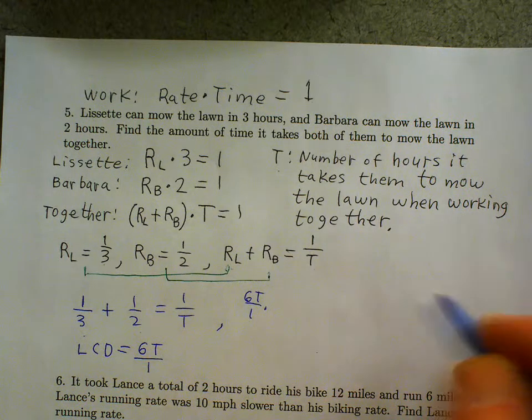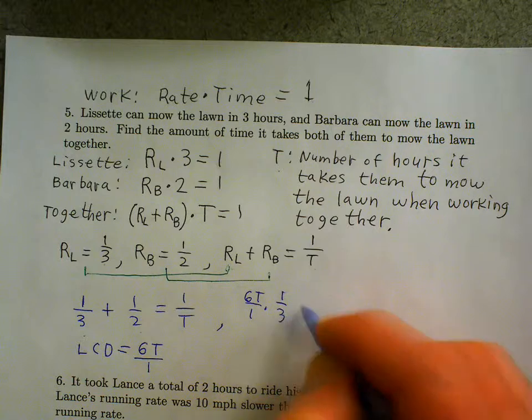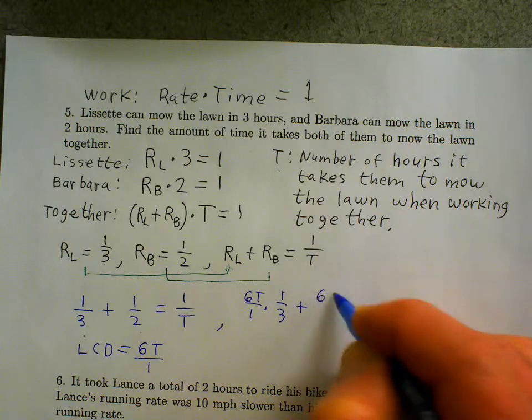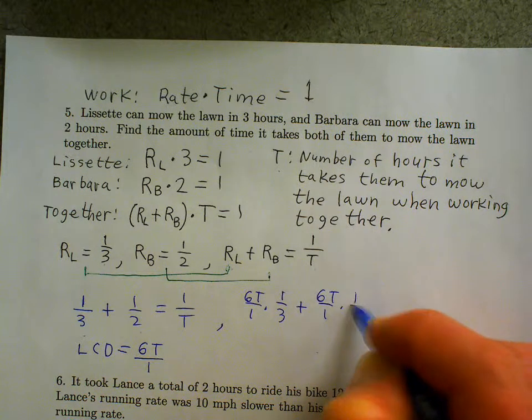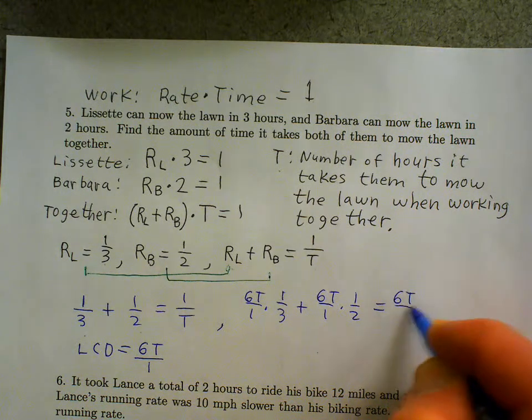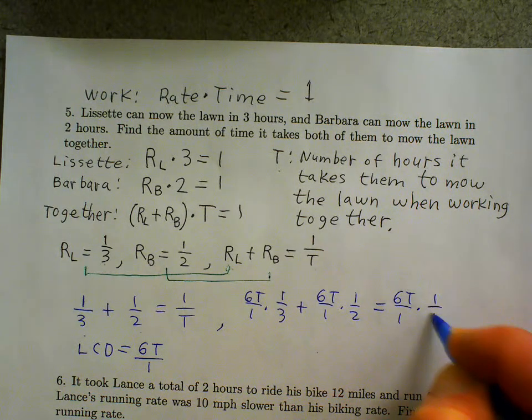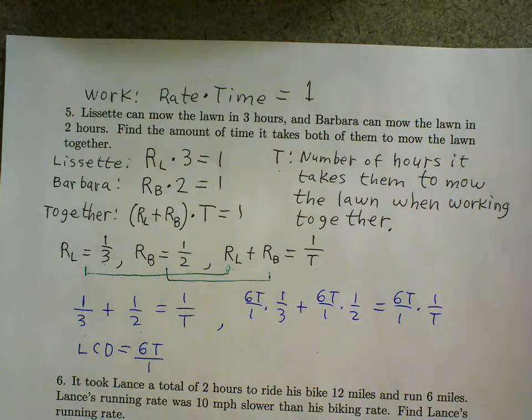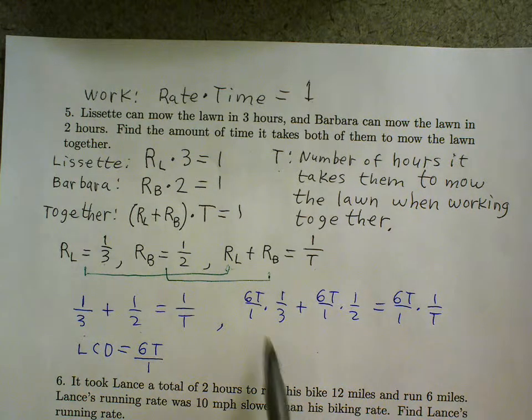So 6T/1 times 1/3 plus 6T/1 times 1/2 equals 6T/1 times 1/T. Now simplify each of those.